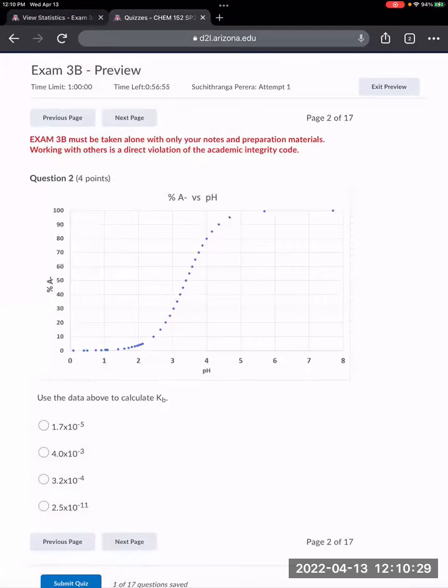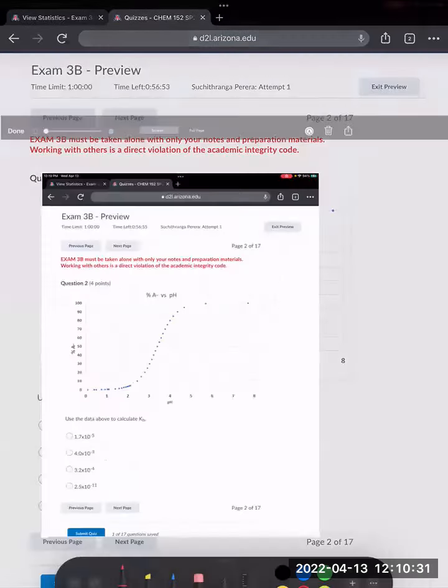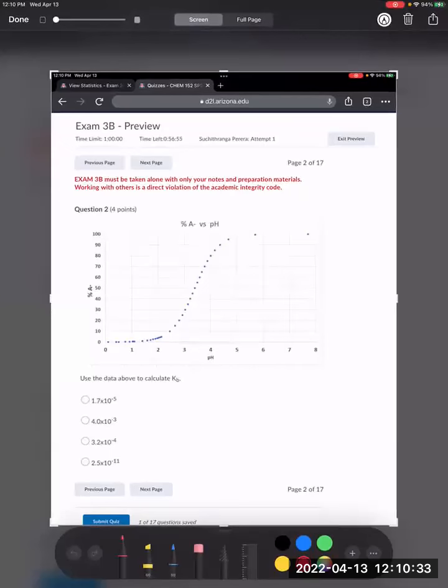So in this question, you're given a percent species diagram, and you are asked to calculate the Kb value. Okay, and we know from the percent species diagram, at the 50% mark, that means we have 50% of conjugate base and 50% of the weak acid. So the pH is going to become equal to pKa.